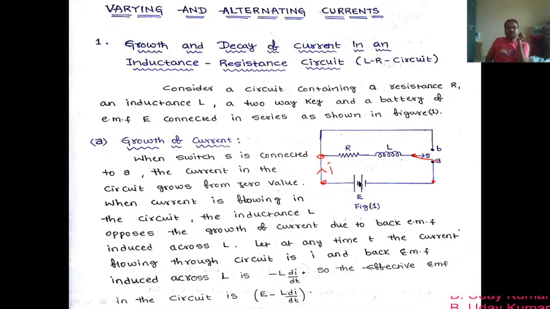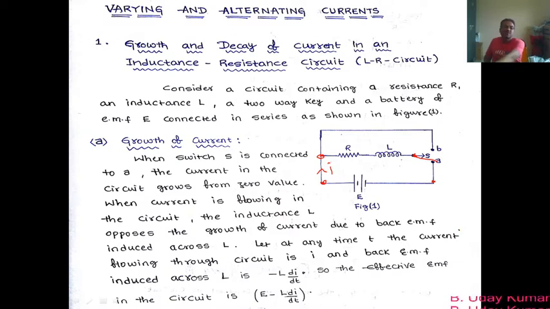Anyway, overall in this circuit, if I take the current at a particular instant of time t as I, the total EMF will be equal to I times capital R, and the total EMF I can write as E minus L into di by dt, where L into di by dt is the back EMF which opposes the applied EMF.